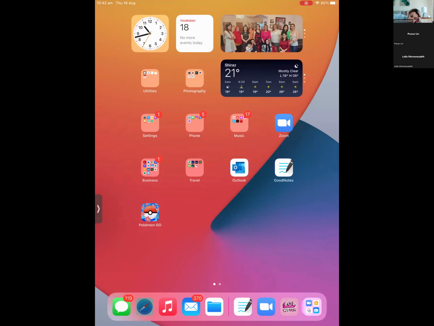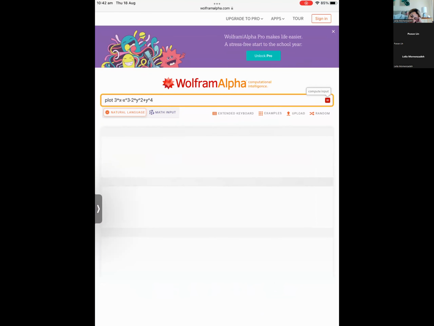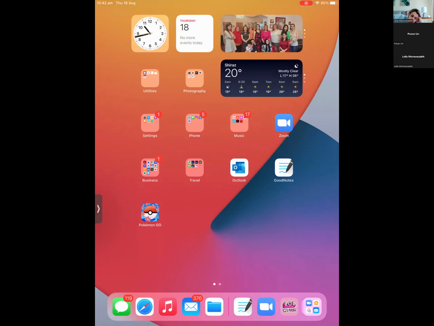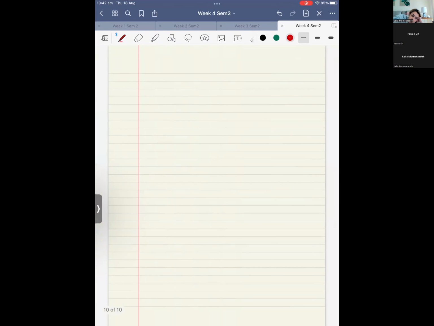Okay, now we use the second derivative test to find which point is the local minimum, which one is the maximum, which one the saddle point.